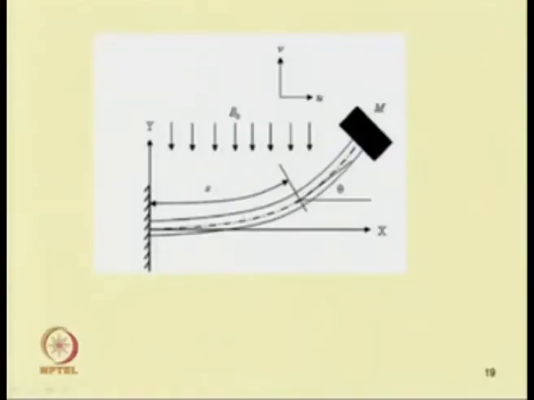So, one has to take this force and couple in addition to the inertia force acting at a distance s from the base of the beam. By taking all those forces into account and applying D'Alembert's principle, one can obtain the equation of motion.